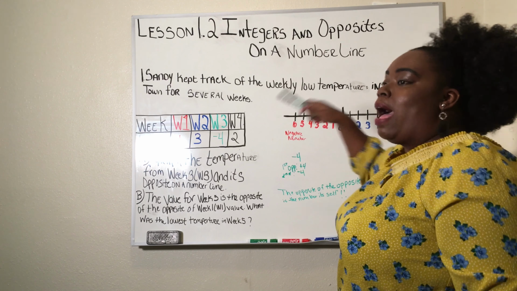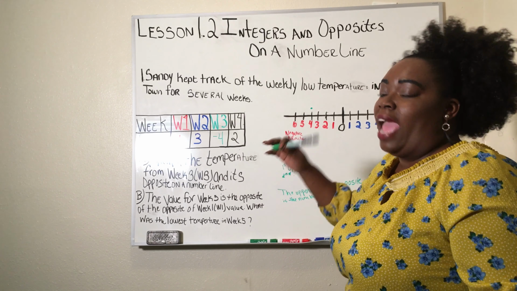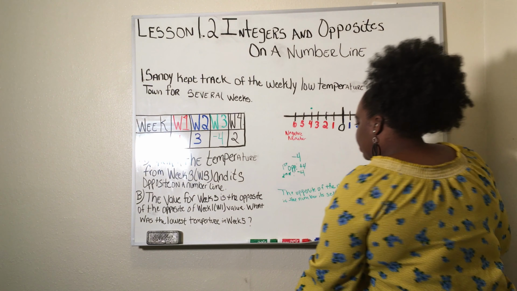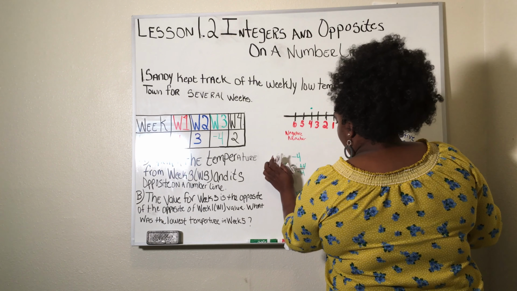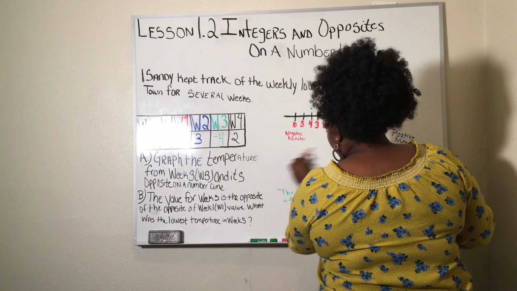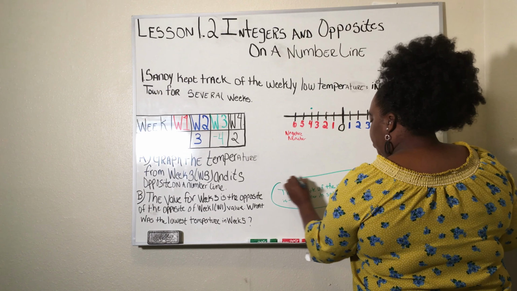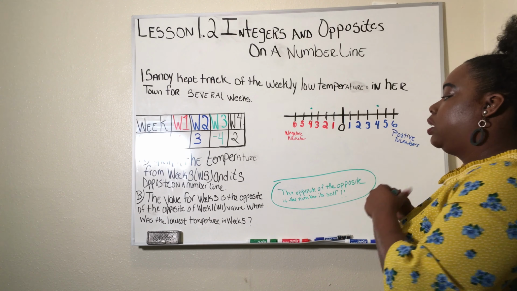If it's asking for the opposite of the opposite, that means it's asking for the number itself. So I'm just going to erase this, but leave this up here so we can see it: the opposite of the opposite is the number itself.